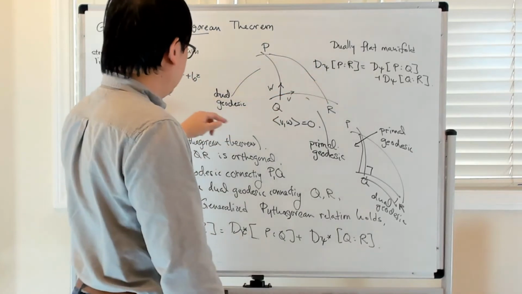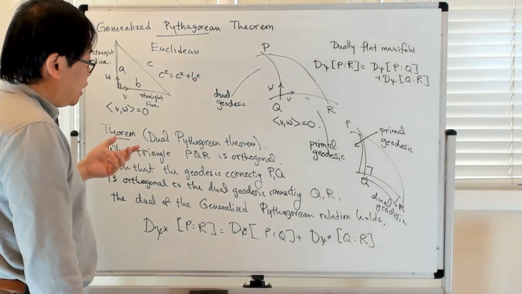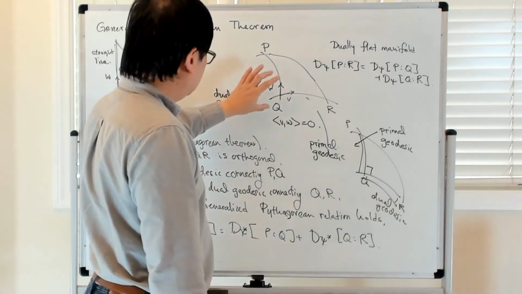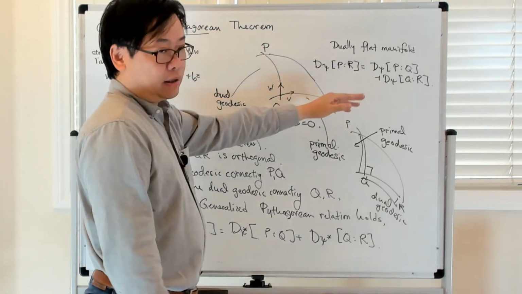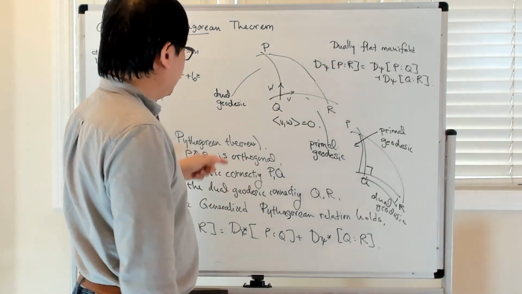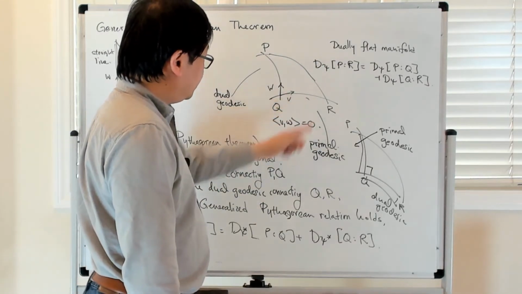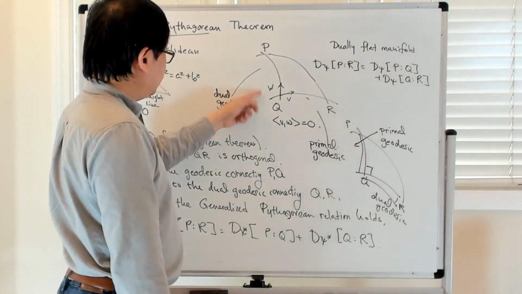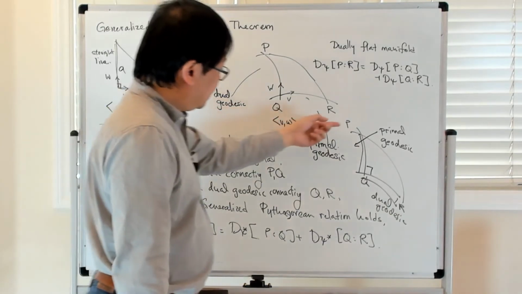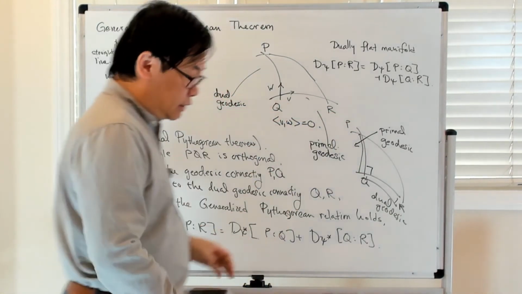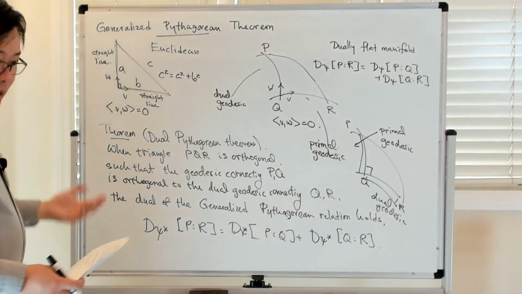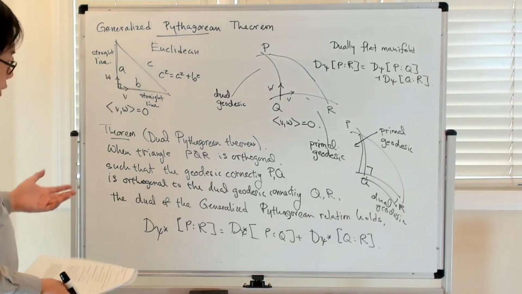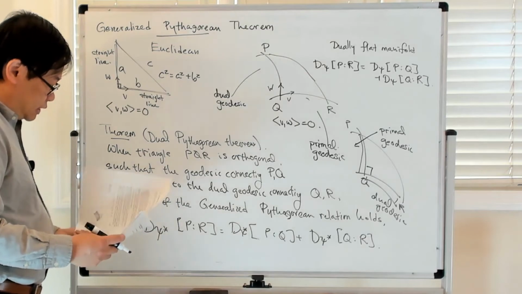Okay, so when you have the duality, it's not just that you have these dual divergence functions, but also the geodesics now are with respect to the opposite connection, right? So the curve between Q and R was originally primal. Now the curve between Q and R is the dual geodesic. The curve between P and Q was originally the dual geodesic, but here the curve between P and Q is the primal geodesic. Okay, all fairly natural if you stop and think about it. Anyhow, so that's this dual Pythagorean theorem.